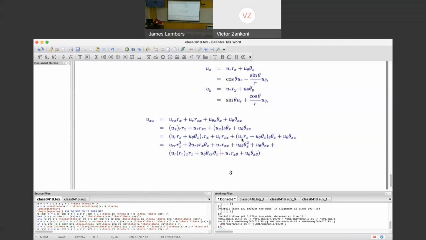And I also have u_r r_x theta that goes down here, and then u_theta theta_x with respect to theta that goes down here, but it is missing a factor of theta_x. Okay, and then this term goes directly here. Okay.